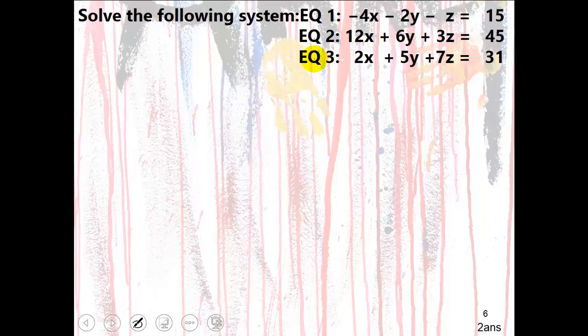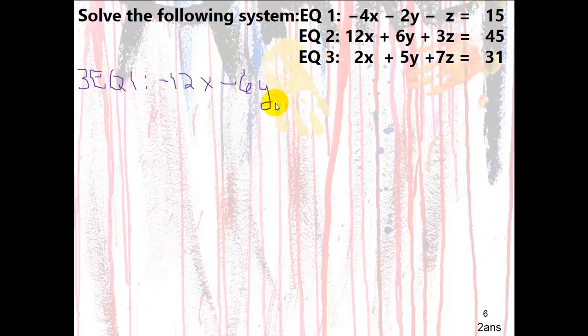I am going to eliminate z, and I'm going to multiply 3 times equation 1, which is going to give me negative 12x minus 6y minus 3z equals 45.